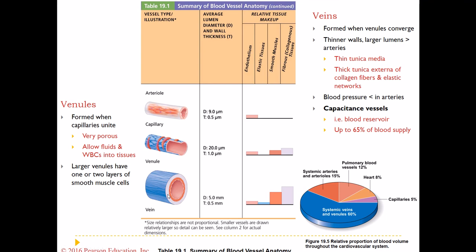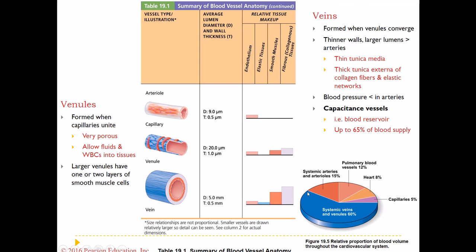If you were to look at it in cross-section, they tend to have a little funkier shape. A little bit of elastic tissue, but not as much as in the arterial system. So it's a very low pressure system, but because the lumen is so much larger, they are our capacitance vessels, and about 65% of your blood is in the venous system as opposed to in the arterial system, or moving through the capillaries, the heart, or the pulmonary circuit.